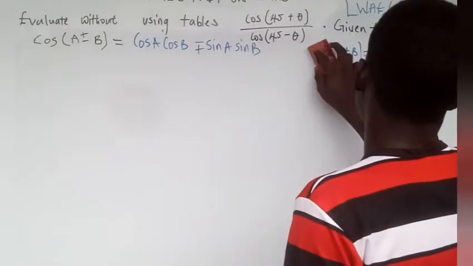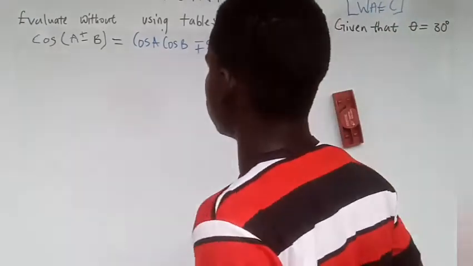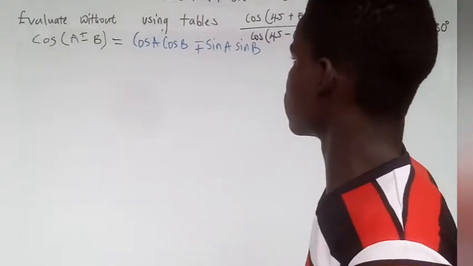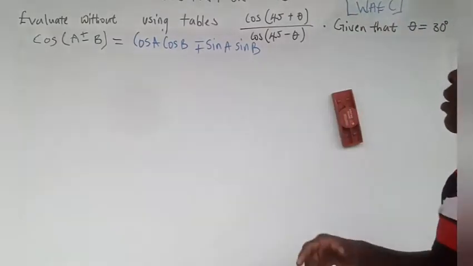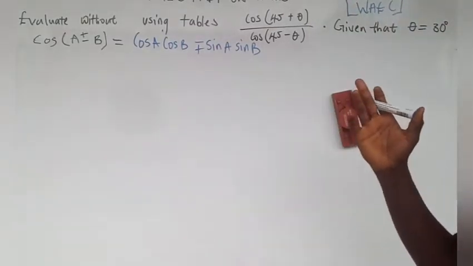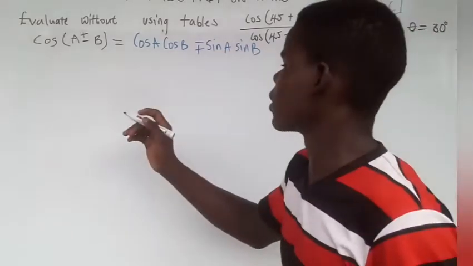Hope that's okay. All right, let's concentrate on this. So because of that, cosine 45 plus theta and cosine 45 minus theta, let's evaluate that.